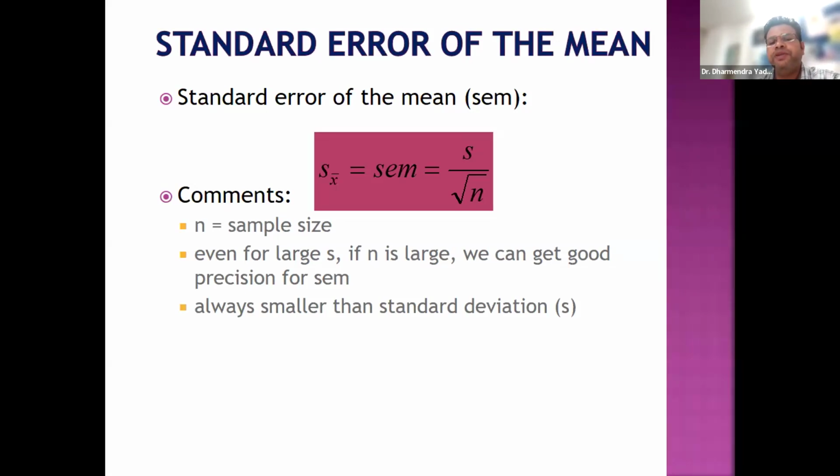As sample size increases, your standard error will decrease. So always remember that for the confidence interval, your confidence interval will increase if sample size decreases. There is an inverse relationship.